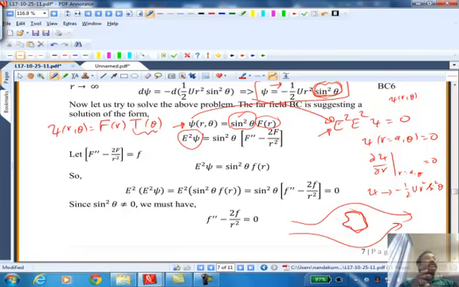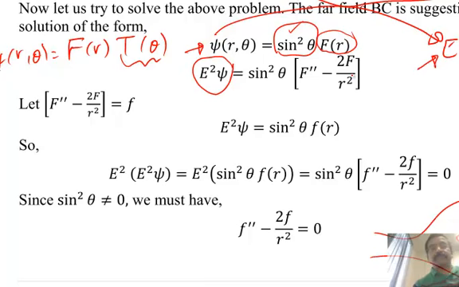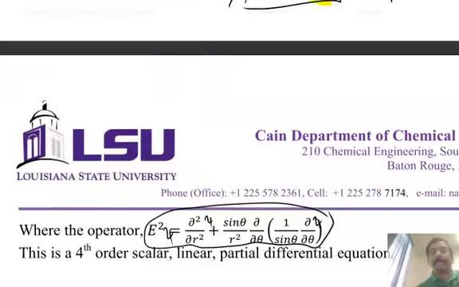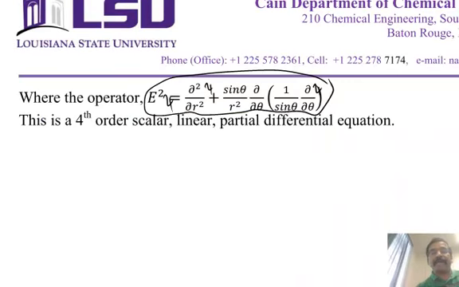What am I doing here? I guess maybe I should show this operation in some detail. Remember this, I'm going to substitute sine square theta times f of r into that operation that I have here.